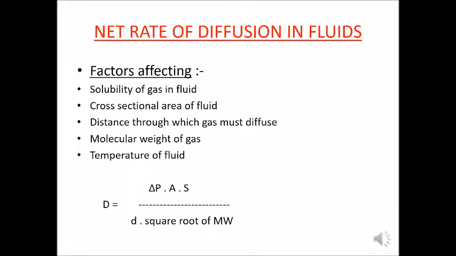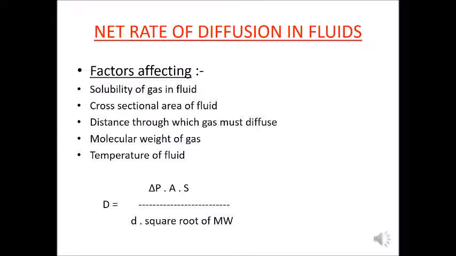Now let us discuss the factors which are affecting the net rate of diffusion in the fluids. First is solubility of the gas. We have already discussed the solubility coefficient. Second is cross-sectional area of the fluid. If there is more area, there will be more diffusion. Then third, distance through which gas must diffuse.